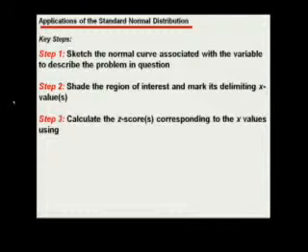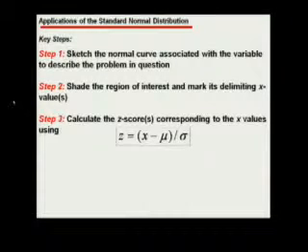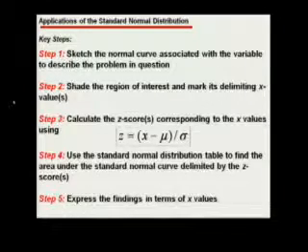Step 3 is to calculate the z-scores corresponding to the x values using the transformation z equals x minus mu divided by sigma, which we discussed in the previous sessions. Step 4 is to use the standard normal distribution table to find the area under the standard normal curve delimited by the z-score.